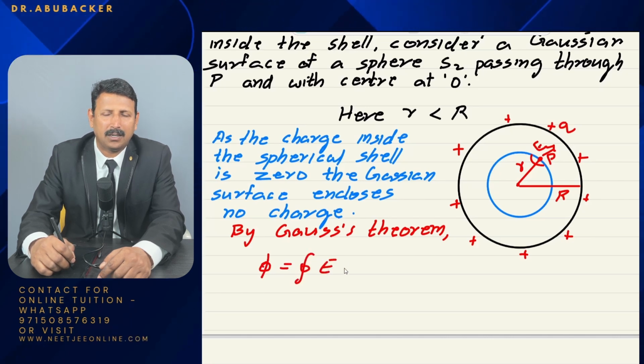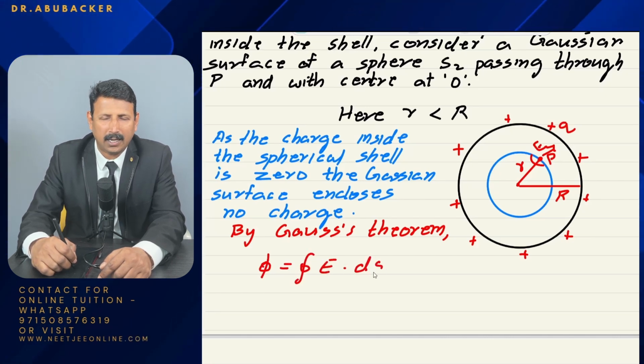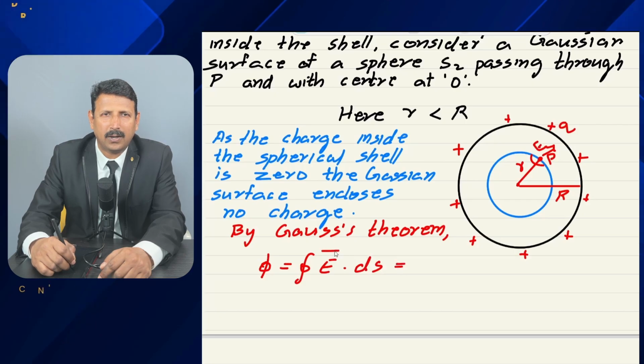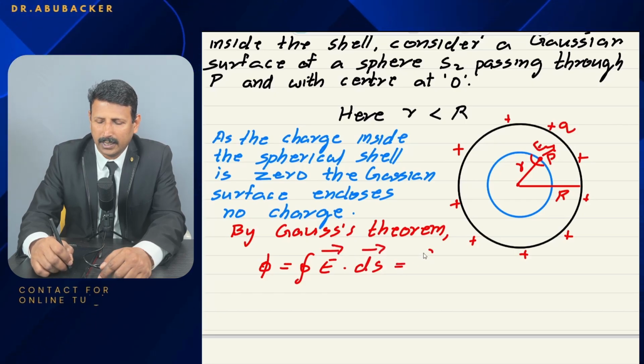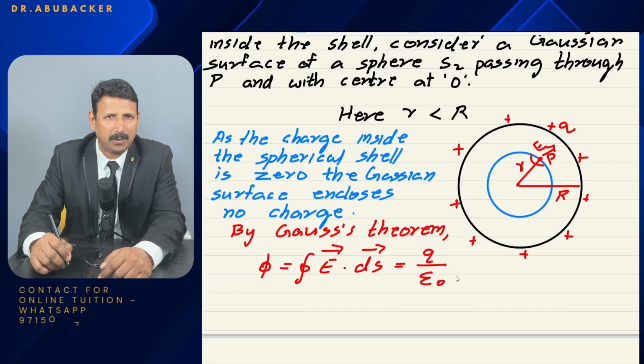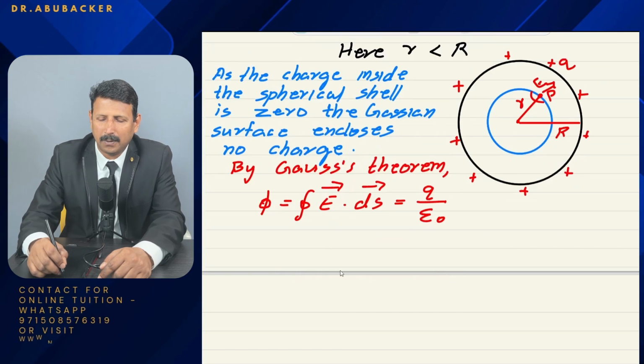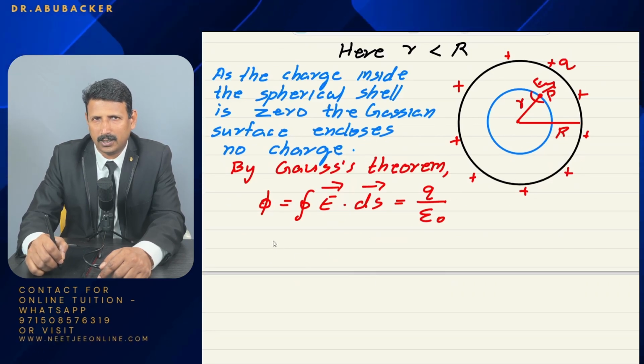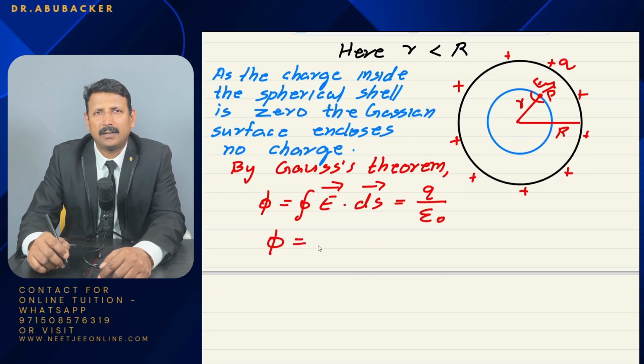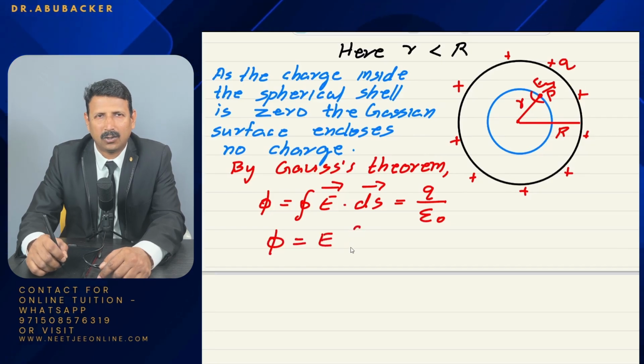By Gauss's theorem, you can say the total electric flux phi is equal to the integral of E dot ds, which is equal to Q by epsilon 0. That is the standard equation. But in our case, Q is 0, correct?